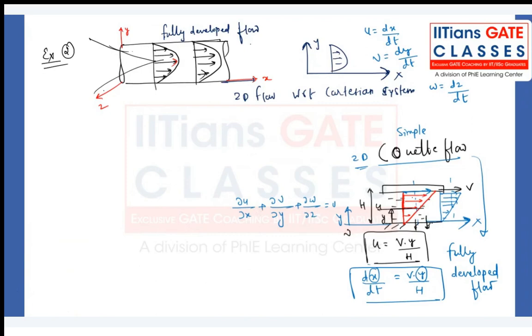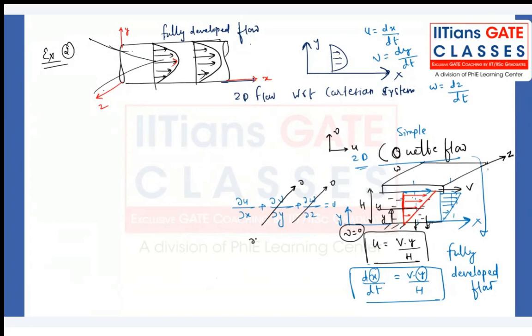So y velocity will be zero. Only u velocity is there. Whatever the third dimension is, perpendicular to the plane of the laptop, there will not be any variations. Consider the plate width to be very, very large in the z direction, right?